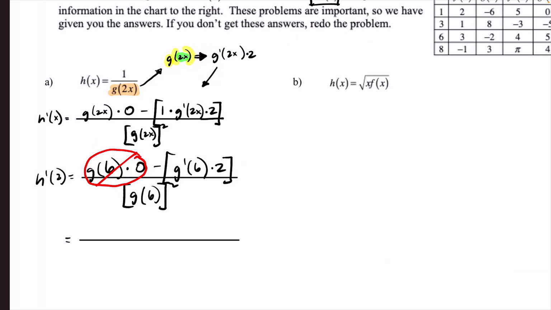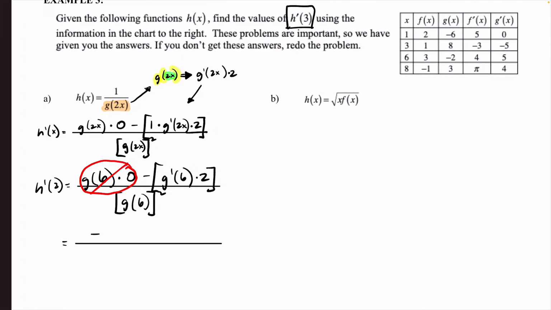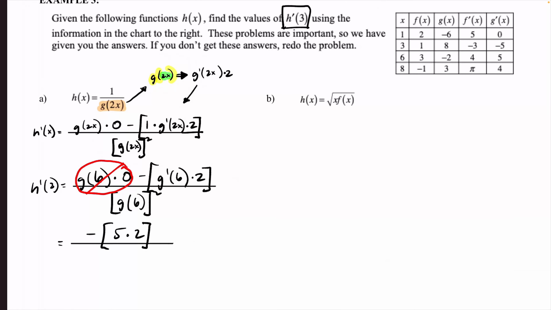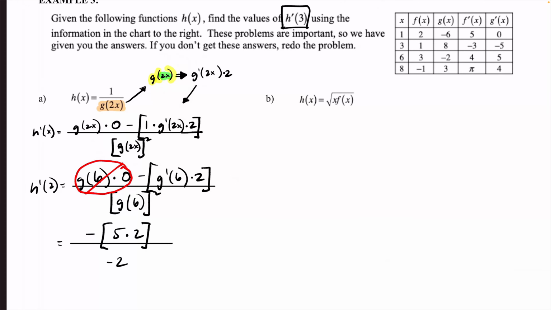So g prime of 6, go look at my table, g prime of 6 is 5 times 2. And then the bottom would be g of 6 squared. So g of 6 is negative 2 squared. So we get negative 10 over 4, which simplifies to negative 5 over 2.